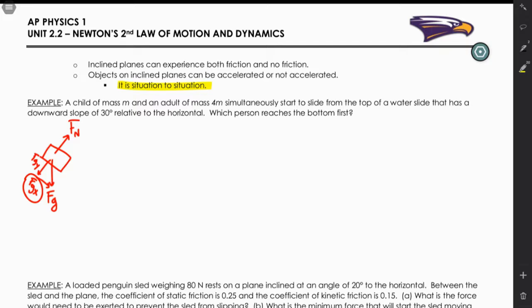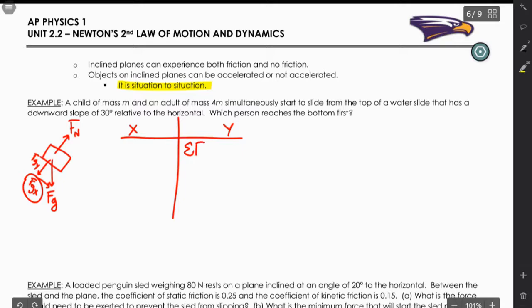What that's going to look like is we're going to sum our forces in each direction. The sum of the forces in the y direction equals 0, Fn minus Fgy equals 0. Again, Fn equals Fgy.